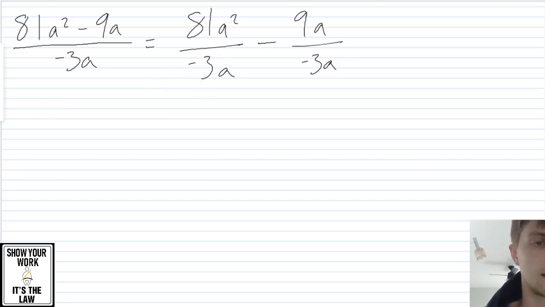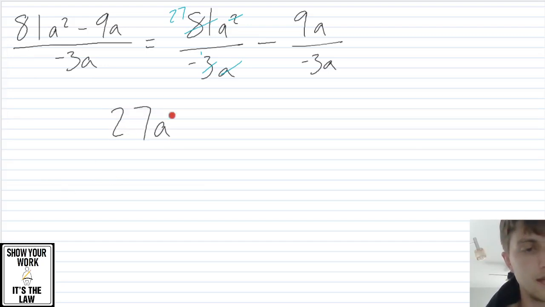Let's do our, how many times does 3 go into 81? 27 times. 3 goes into 3 once, okay? And then there's two a's on top, one on the bottom. 2 minus 1 gives us 1a left over. So that means we have 27a, but keep in mind we do still have this negative. We don't want to lose track of our negatives, so that's a negative 27a.